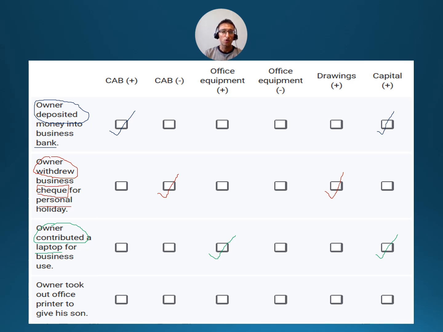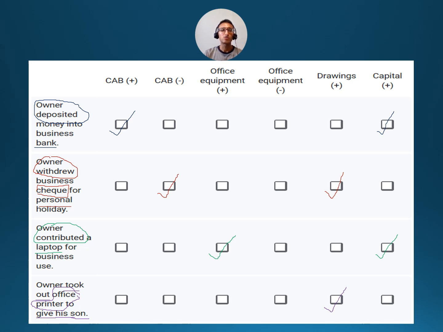Next one. The owner took out something for personal reason, to give his son. So we would consider this as drawings. That is one account that is affected. Let's look at another account. We see that there is an office printer, which is a form of electronic, and this account will be office equipment.